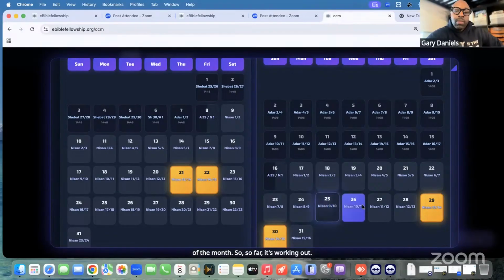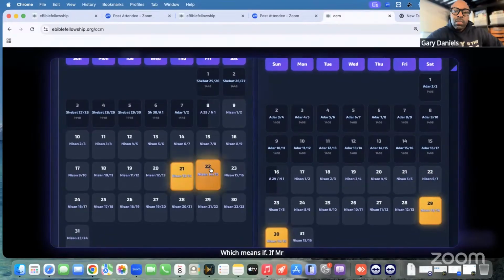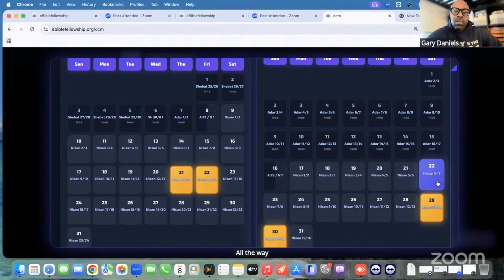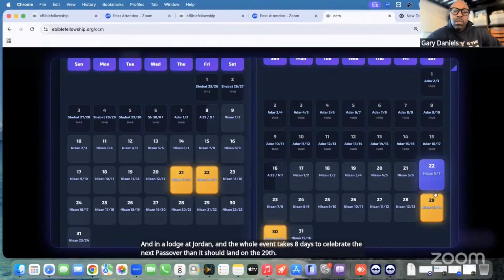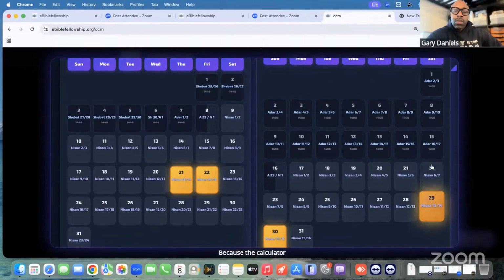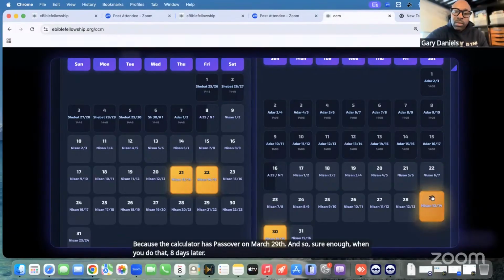And then 4 days later, they celebrate Passover on Nisan 14, which means if Mr. Camping's hunch is correct, we go from March 22nd all the way to March 22nd of 1407, and they lodge at Jordan, and the whole event takes 8 days to celebrate the next Passover, then it should land on the 29th because the calculator has Passover on March 29th. And so, sure enough, when you do that, 8 days later, you land on March 29th.